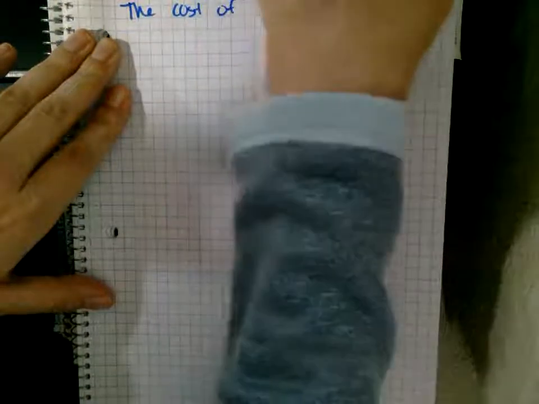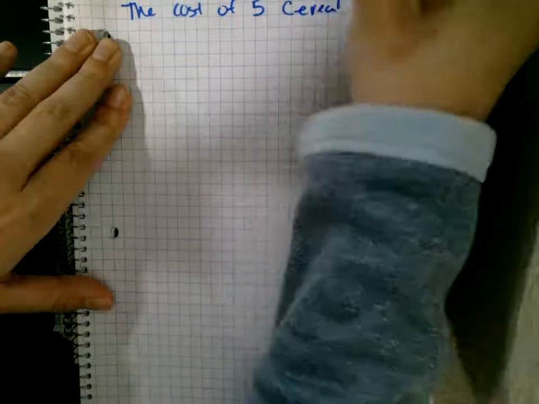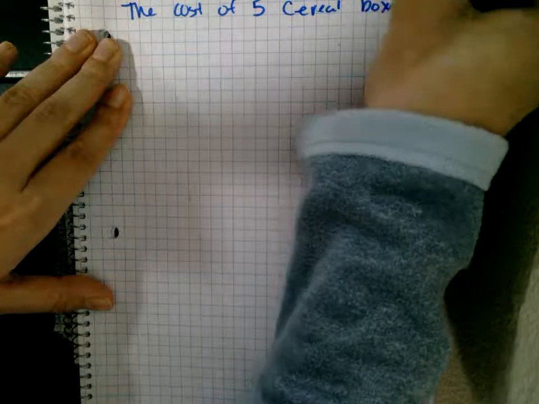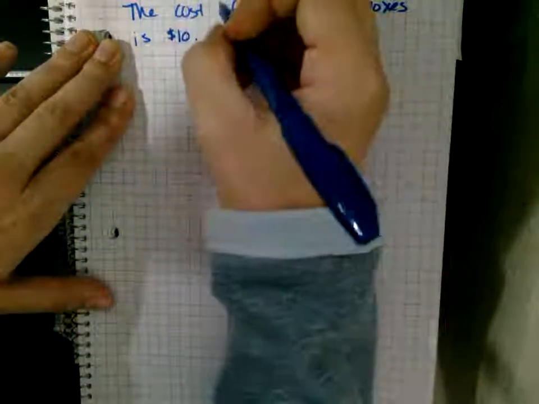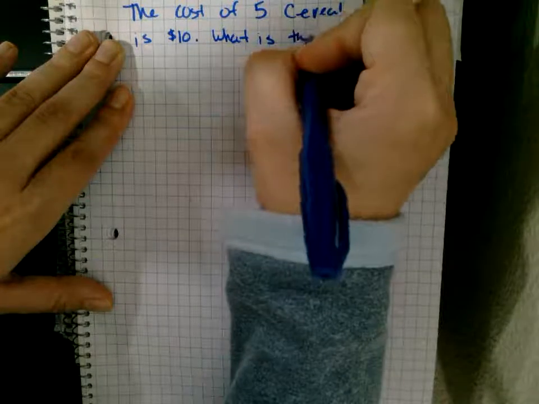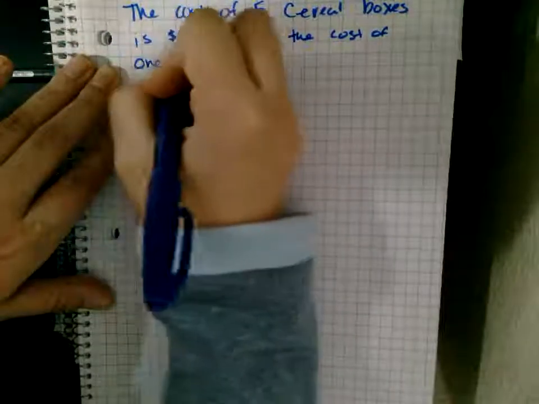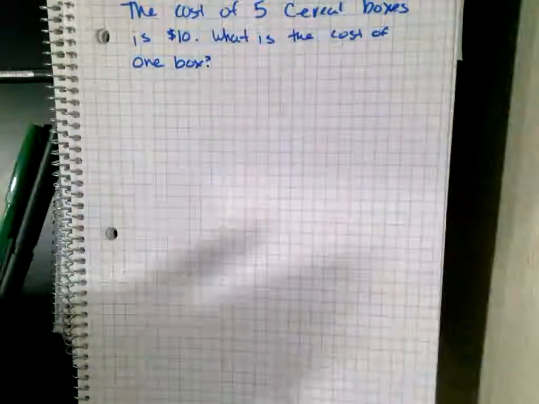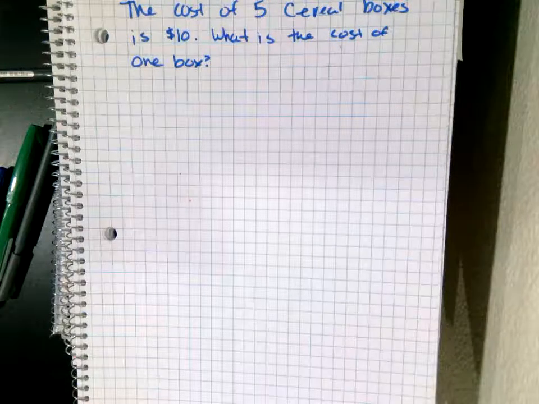The cost of 5 cereal boxes is $10, right? What is the cost of 1 box? Okay, write that down. The cost of 5 cereal boxes is $10.